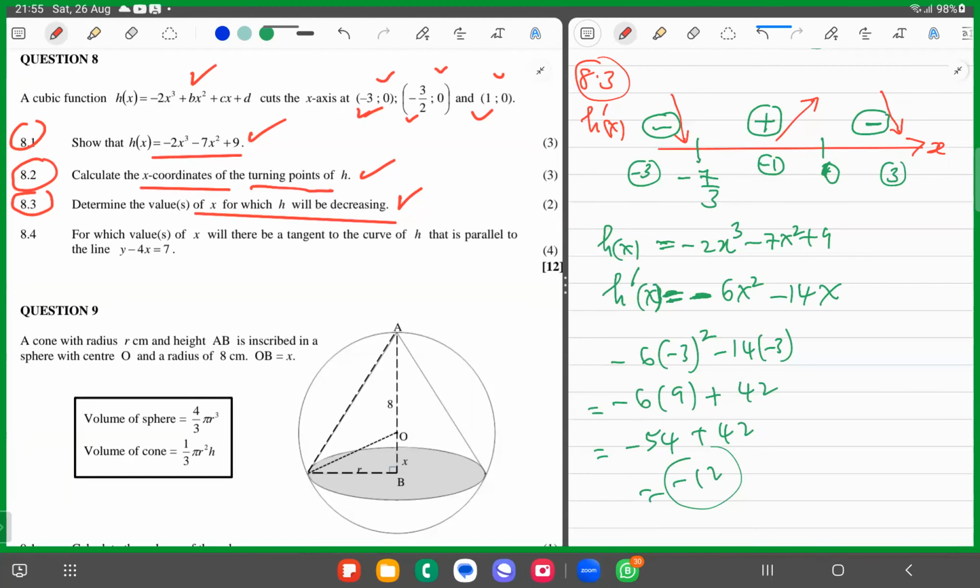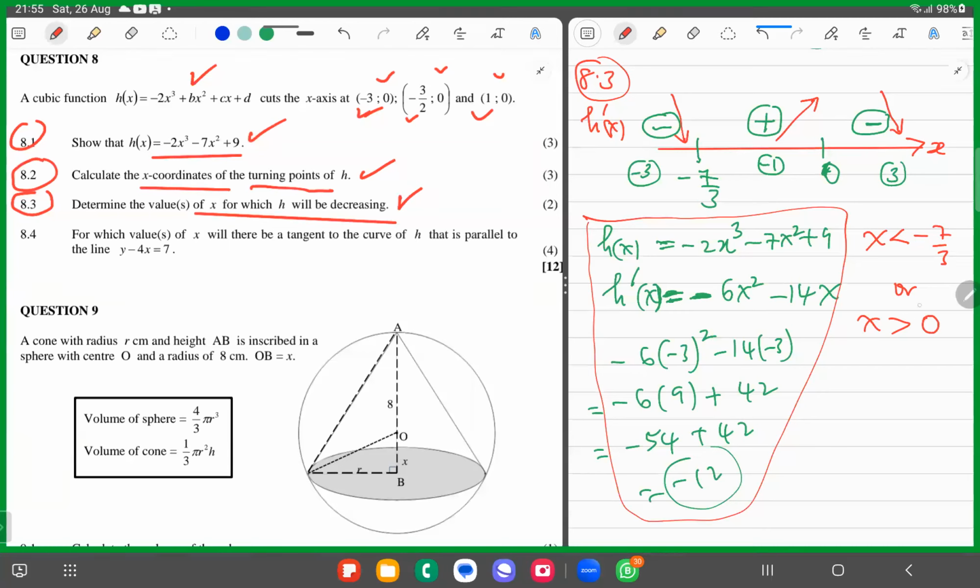So it will be decreasing when x is smaller than -7/3, or when x is bigger than 0, excuse me. So when x is bigger than 0, you have that.